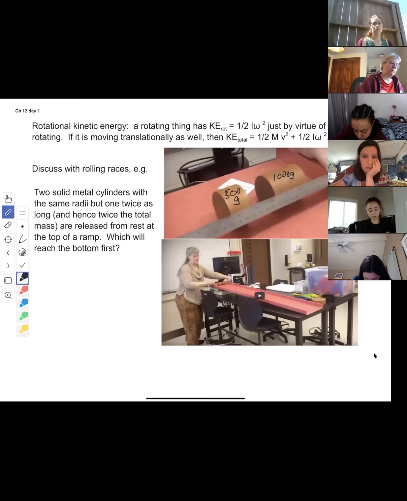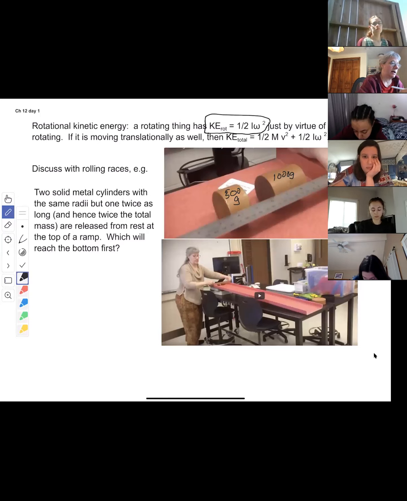Okay, and I'm doing this in the context of something we talked about earlier but haven't really done much with, and that is rotational kinetic energy. I'm reminding you right now that as these things start rolling, they will have rotational kinetic energy.